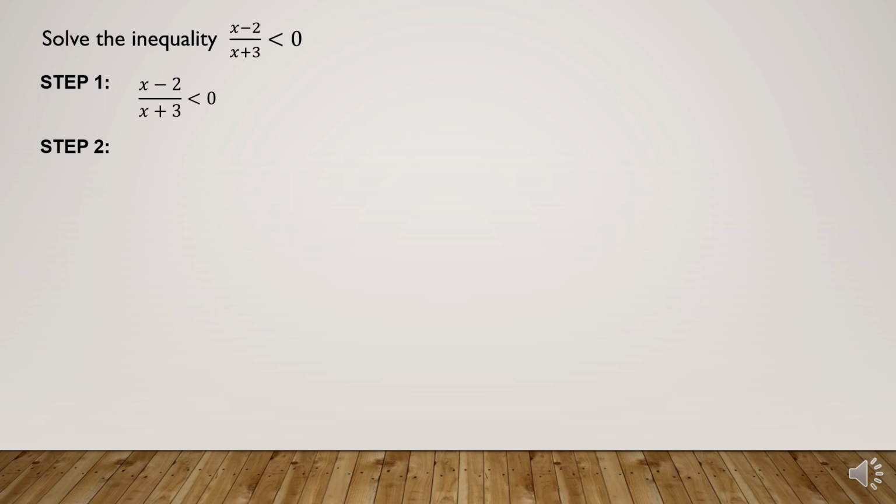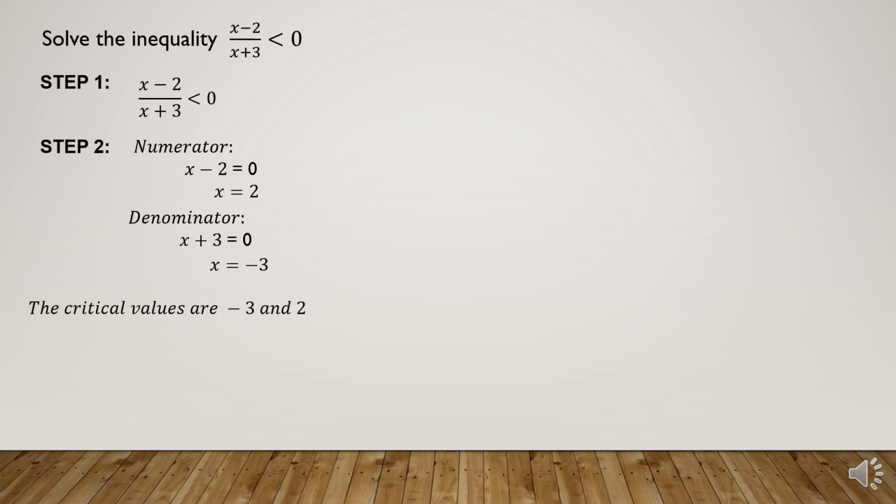So we will start with the numerator. We will equate the numerator to 0. So x minus 2 is equal to 0 and the value of x is positive 2. For the denominator, we have x plus 3 is equal to 0 and the value of x is negative 3. The critical values are negative 3 and positive 2.